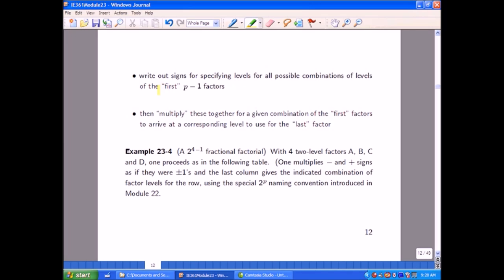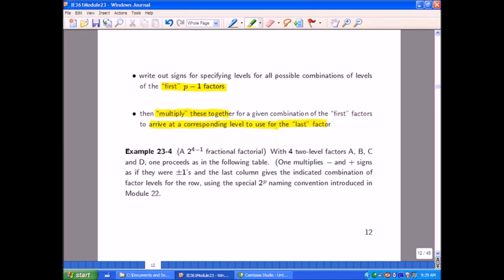So we're going to write out combinations for all levels of the first p-1 factors. We're going to write out plus and minus signs for levels of those factors. I'm then going to think about those plus and minus signs as being plus and minus 1s, and we're going to multiply those together to get plus and minus signs, and use those products to tell us what to do about the last factor.